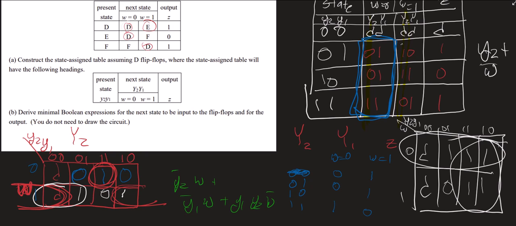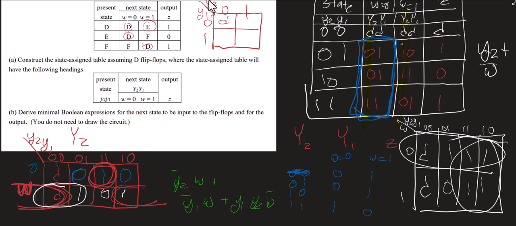Okay, lastly, we'll do Z. Z is easier, because Z only depends on the state. So if it's 0, 0, we have don't care.